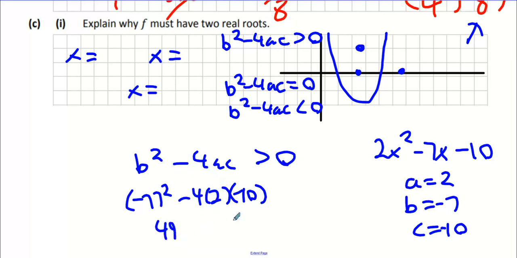So that's 49 plus what? 80, is it? And it's clearly 129, which is clearly bigger than 0, and therefore we know it has two real roots. Or you could say that the minimum point is below the axis, therefore it must hit it twice.